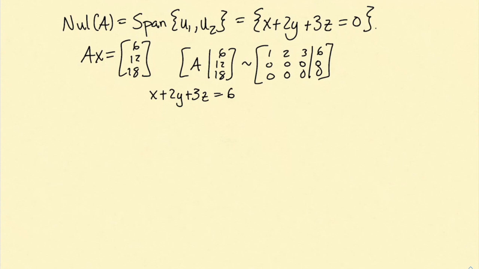Now, if we're thinking about the solutions to the equation Ax equals b as the set of all vectors whose x-coordinate plus twice the y-coordinate plus 3 times the z-coordinate is equal to 6, we can find a particular solution to this equation by simply choosing x to be 6, y to be 0, and z to be 0.